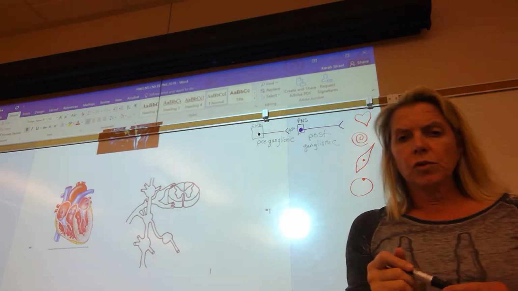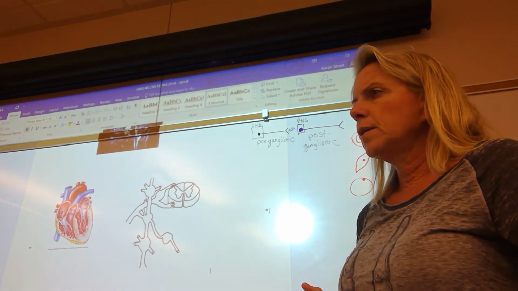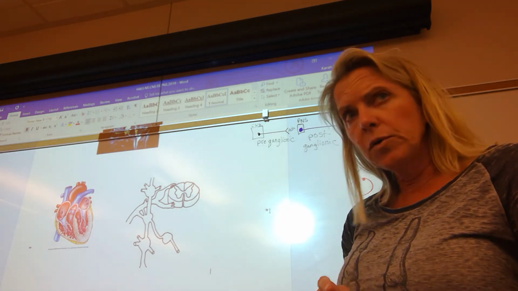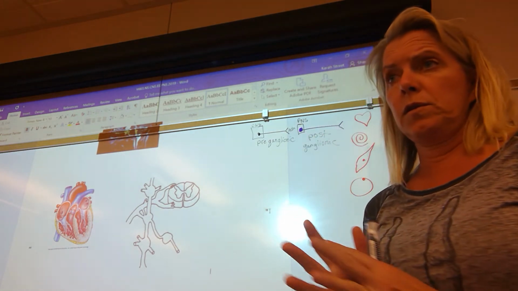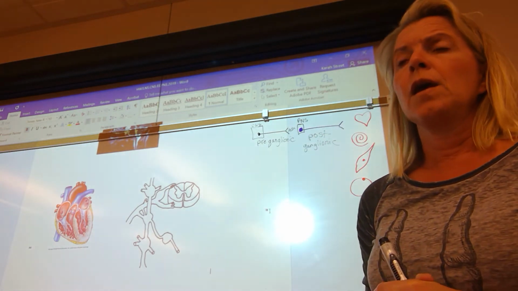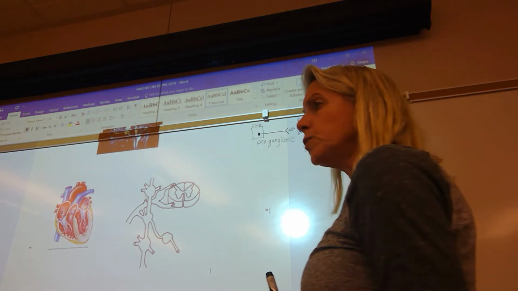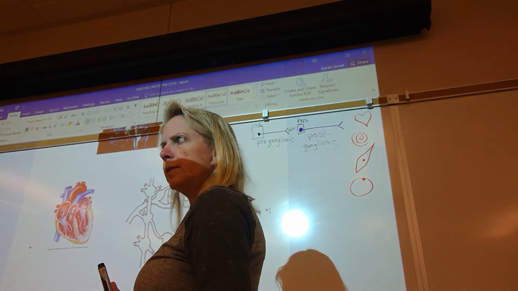Okay, so what should you know now? Preganglionic cell bodies are in the central nervous system. Postganglionic cell bodies are in the peripheral nervous system. The preganglionic and postganglionic neurons refer to visceral neurons. We don't have control over them.